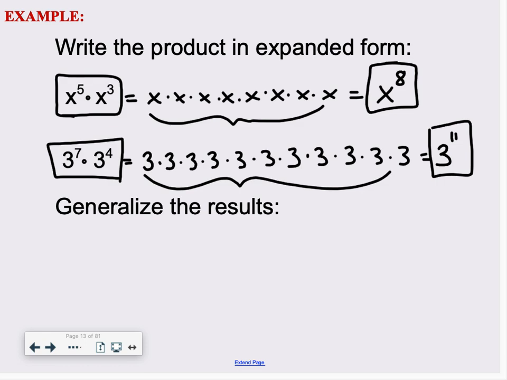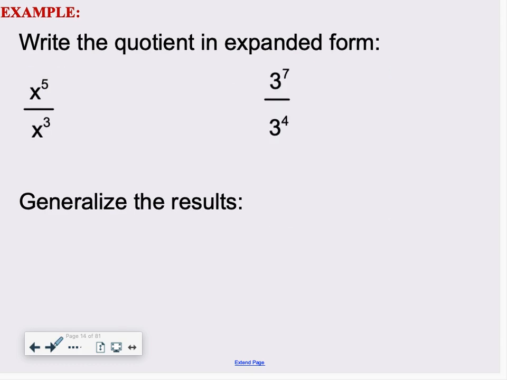So if I generalize my results, if I have the same base, like x to the m times x to the n, notice they're both bases of x, however, I can just add those exponents together. So when you multiply bases, you add their exponents. Okay, rule number 1.